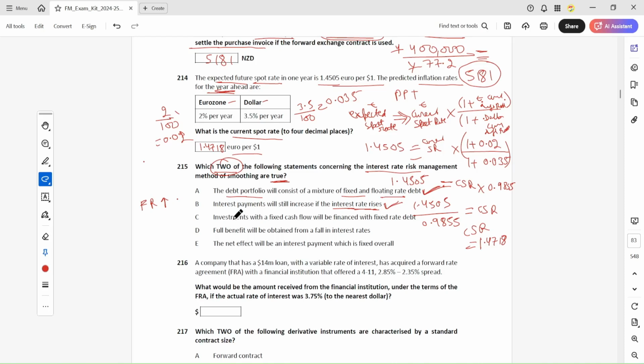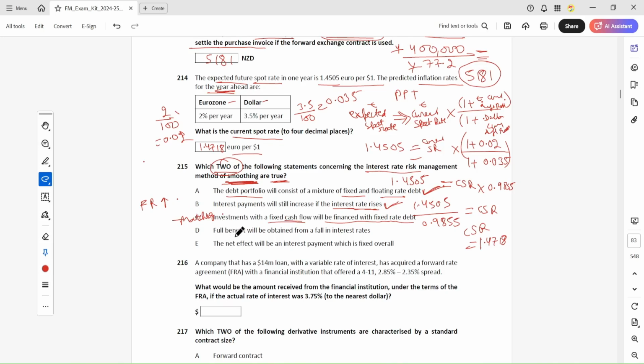Next, investment with a fixed cash flow will be financed with fixed rate debt. No, this is matching, not smoothing.